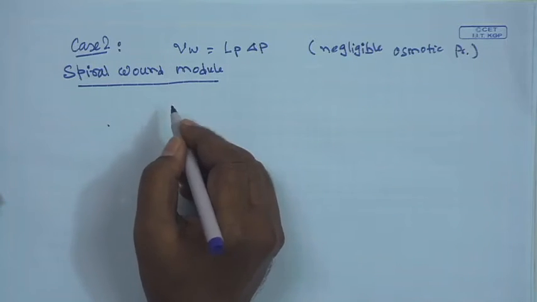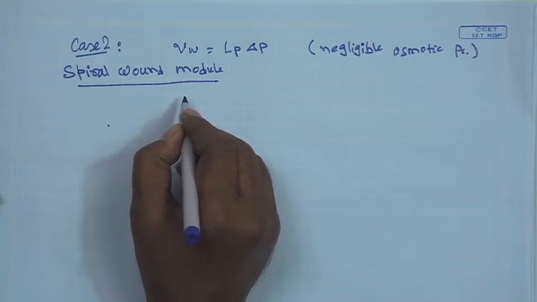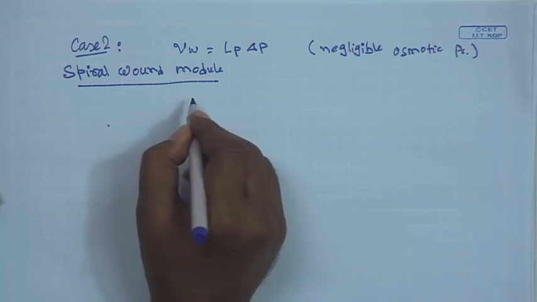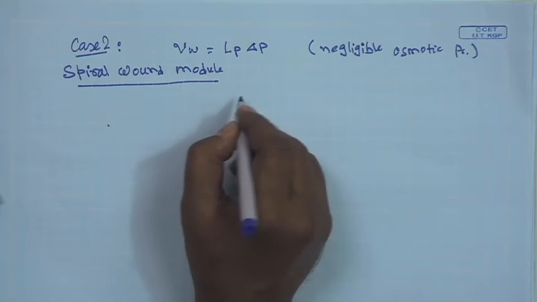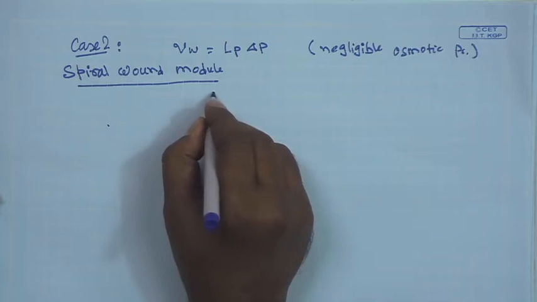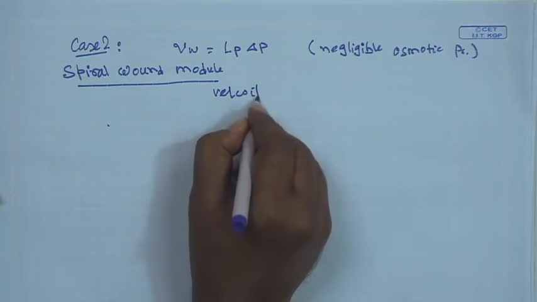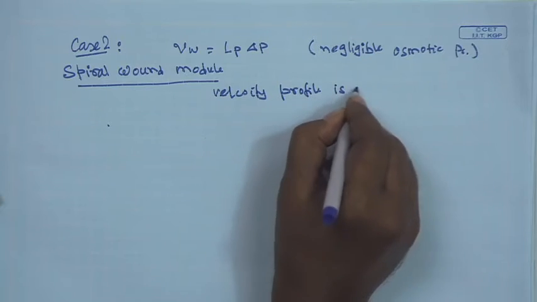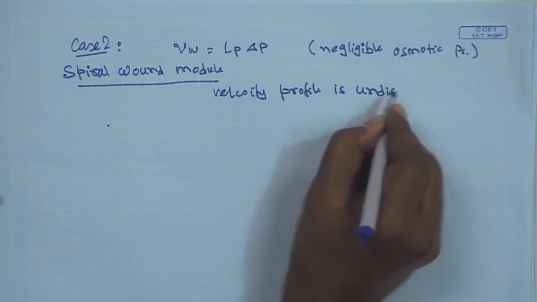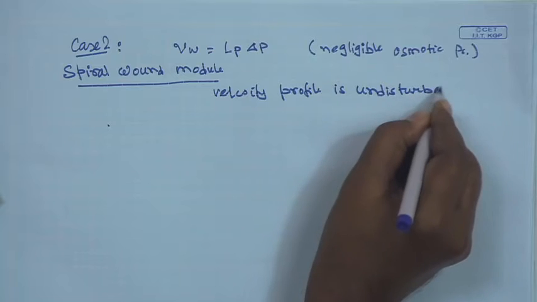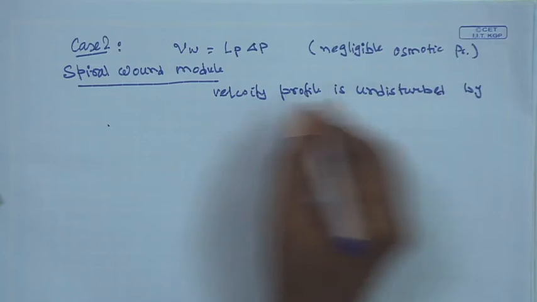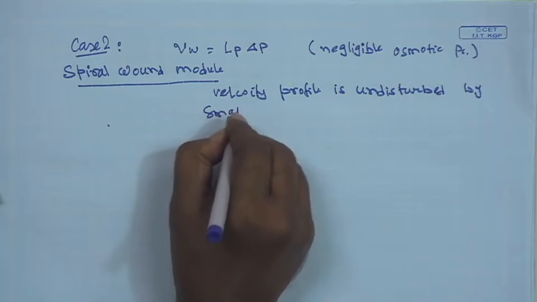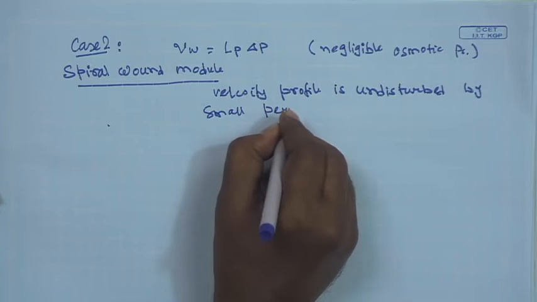As we have done earlier, the governing equation of transmembrane pressure drop will remain the same, and we will assume that the velocity profile is undisturbed by small permeation in the wall.